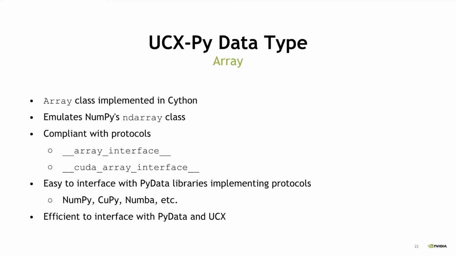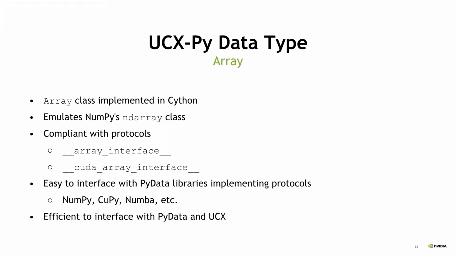We have also an array data type in UCX-Py. This is a class that is also implemented in Cython to get most of the performance we can. It emulates the NumPy ndarray class. And by that, I mean that it implements pretty much all the same attributes, such as shape, strides, data type, and so on.